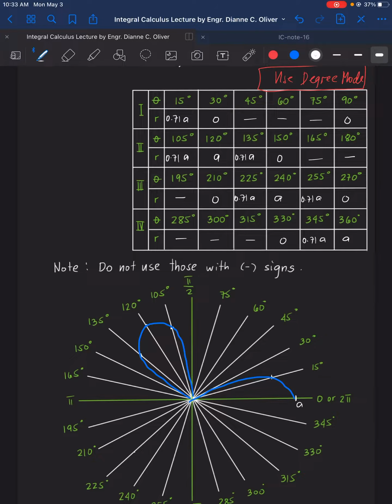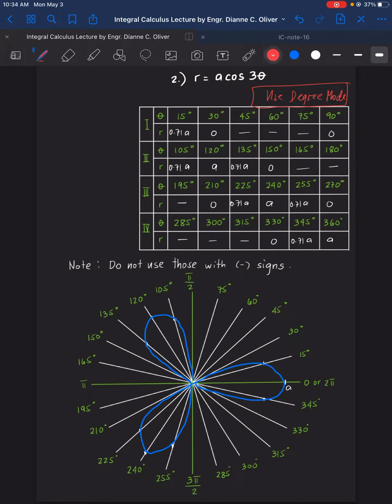So approximately here. 240 at a, 255 at 0.71, and then 270 at 0. Then we have there 330 at 0, 345 at 0.71, and then 360 equals a. So this one here. So this is the figure.